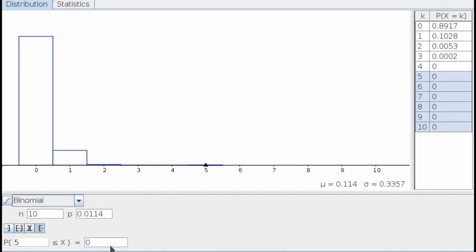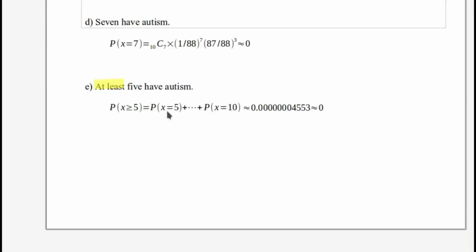Lots of zeros being added up. The probability that x is at least 5 is 0. So we can do it either way, either by adding up the probability of 5 all the way through the probability of 10, or using our probability distribution calculator.